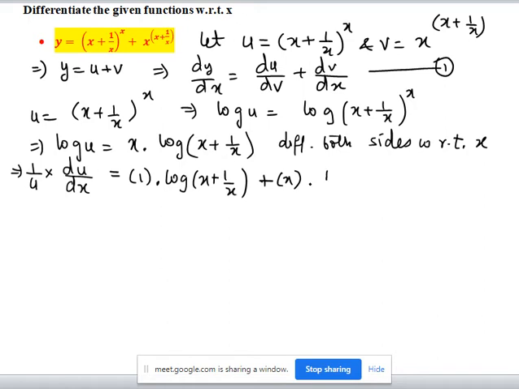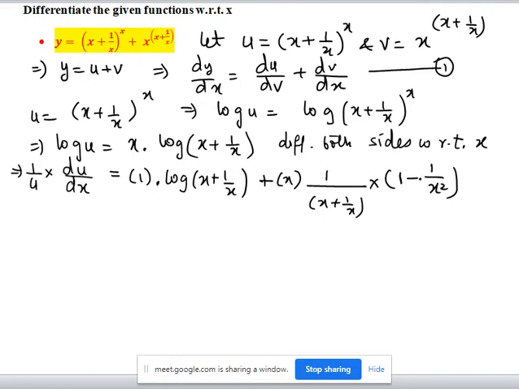So its derivative will be 1 over that function and then derivative of this function. So we are applying chain rule here. So this multiplies with the derivative of x plus 1 over x. X has got derivative 1 and 1 over x will have derivative minus 1 over x square. See, this can be assumed as x to the power minus 1, and then you can differentiate it using the formula for derivative of x to the power n.